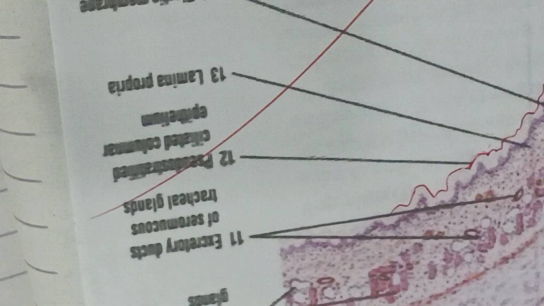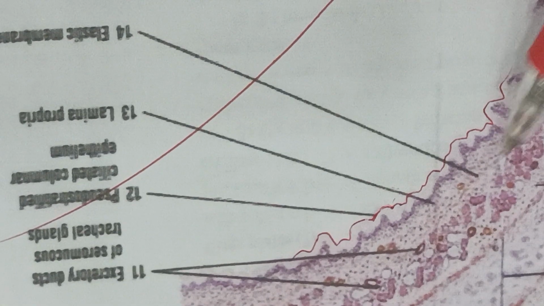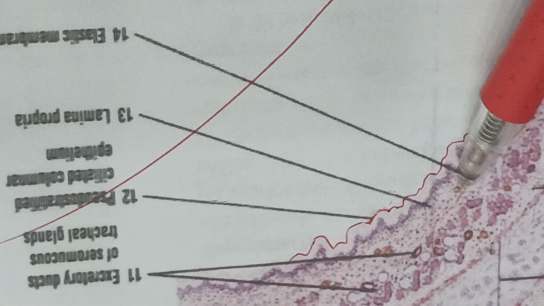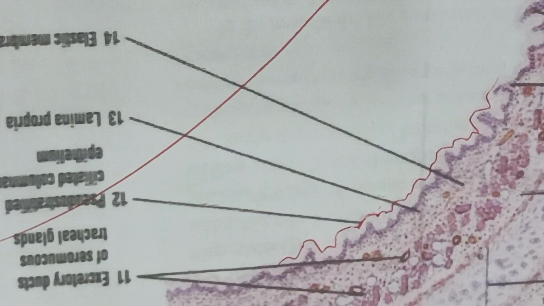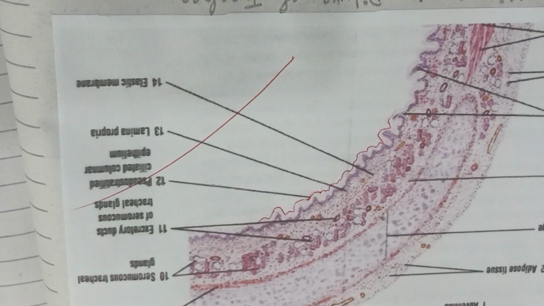Now below this pseudostratified layer there is the lamina propria, and elastic fibers are also present in the lamina propria. So this was the tissue classification of your trachea.